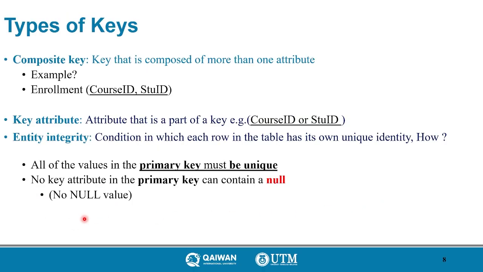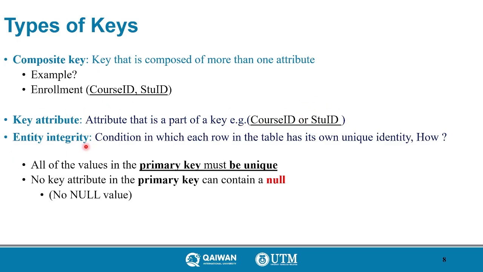Types of keys. Composite key. An example would be enrollment that has course ID and student ID. It is a key that is composed of more than one attribute. In enrollment, a key attribute would be an attribute that is part of a key, course ID or student ID.